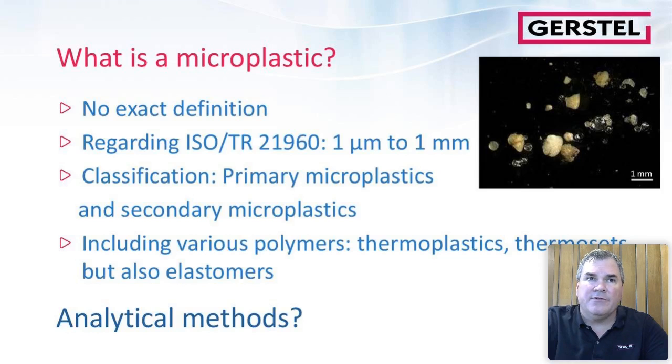And it gives you the kind of challenge that we're up against in trying to analyze microplastics, because there's a lot of variety there. Different kinds of plastics. Thermoplastic polymers, thermoset polymers, elastomers are also included in that.